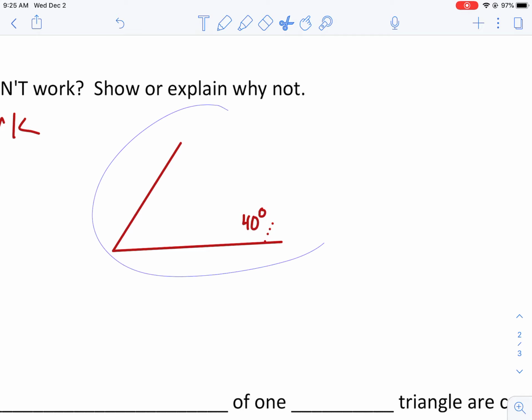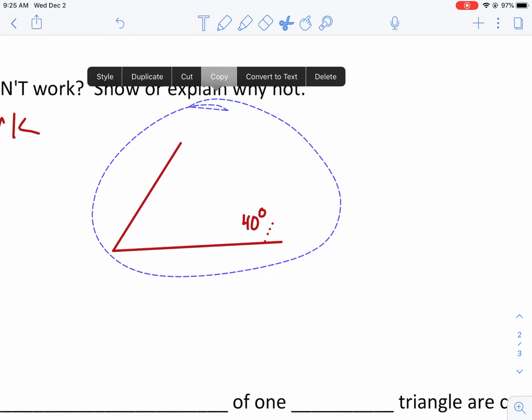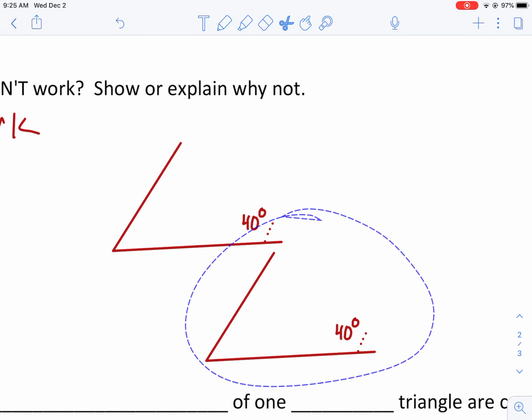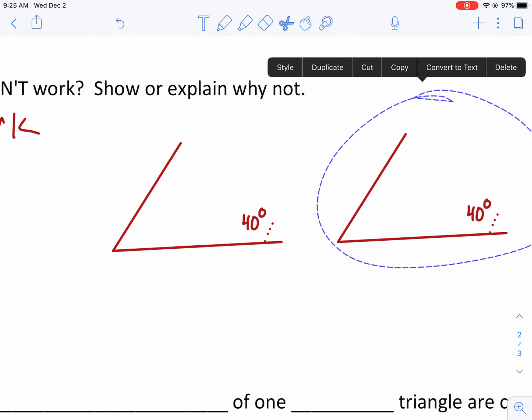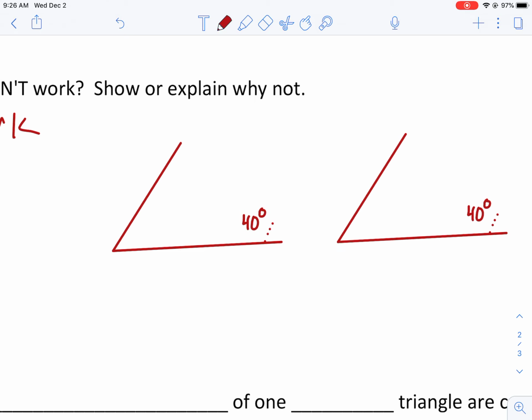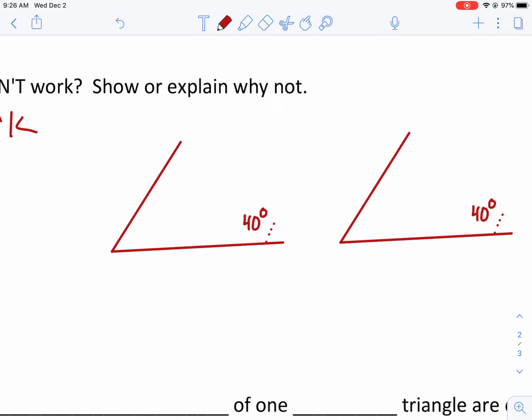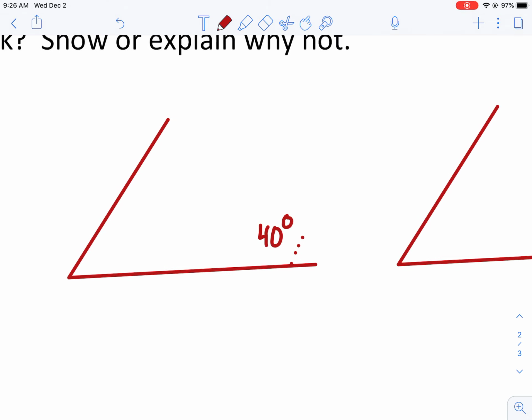So if I've got both of these situations, where we've got a side length and we've got an angle, there's actually two different spots.